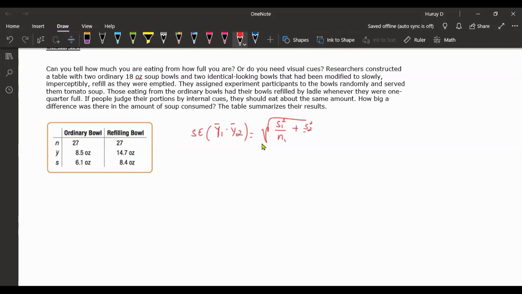Even I forgot it. Here you have just s, but here we need to square it. We need to square whatever your number here is. Don't just put the number as it is. So here it will be 6.1 squared over n1, which is 27, plus 8.4 squared over 27.